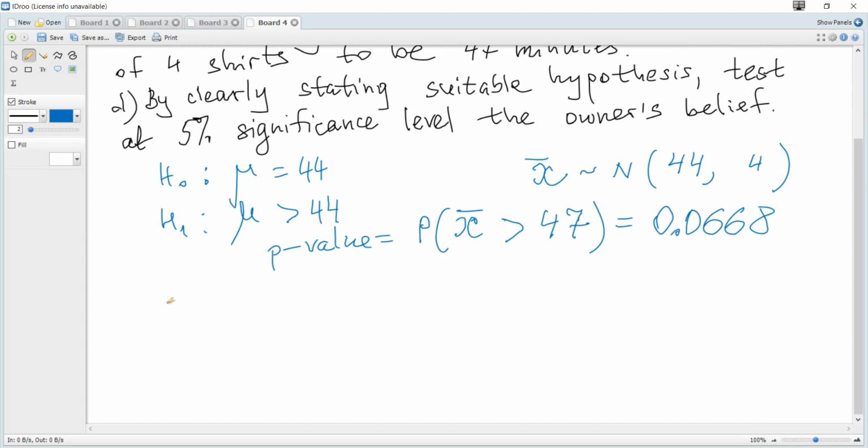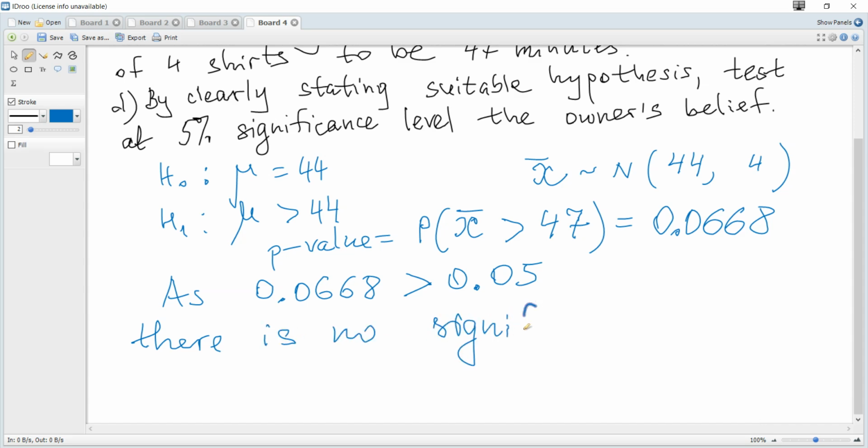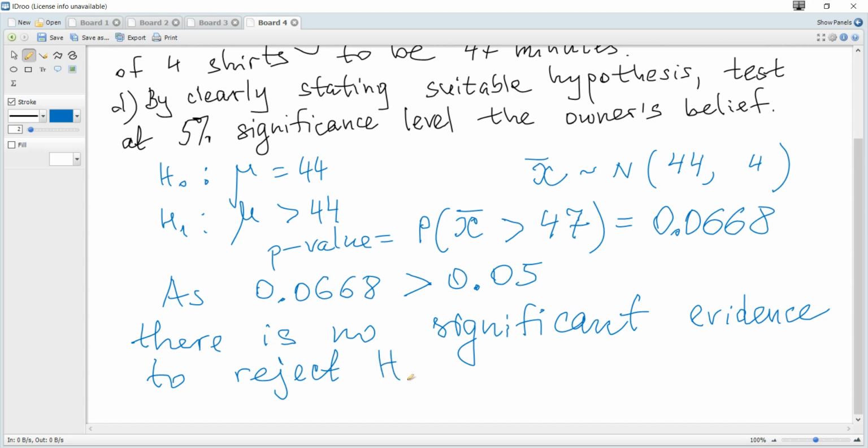So since 0.0668 is greater than 0.05, we compare with 5%, and if it's less than 5%, we accept the alternative hypothesis or we reject the null hypothesis, but here it's greater, so there is no significant evidence to reject H0.